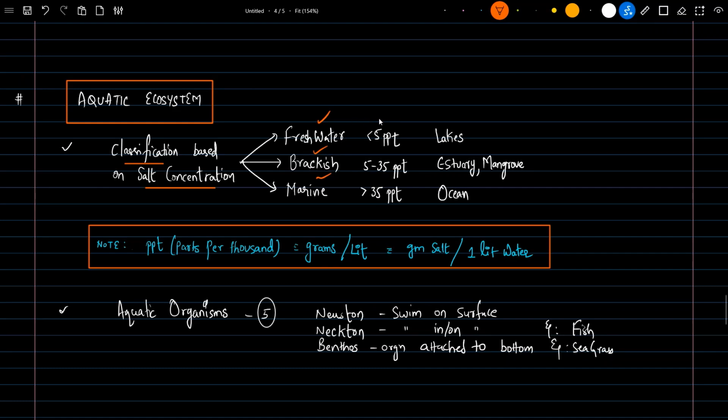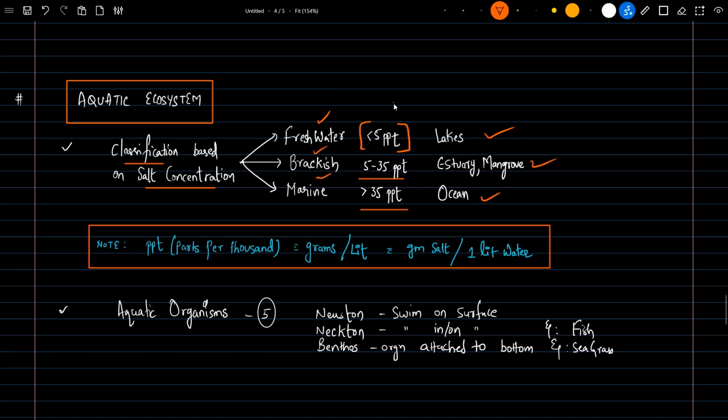When the water is tested, if it shows less than 5 ppt, then it can be called fresh water. Similarly, if it shows between 5 to 35 ppt, then it is called brackish. If it tested more than 35 ppt, then it is marine. Simple examples: the ocean is marine; estuary and mangrove are brackish. Fresh water is like lakes, ponds, rivers, which show less than 5 ppt.